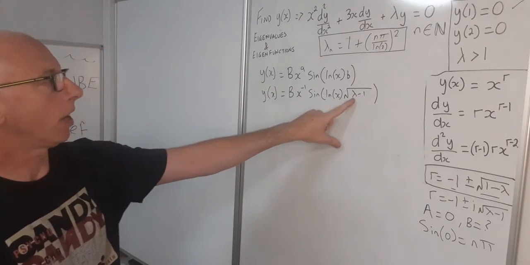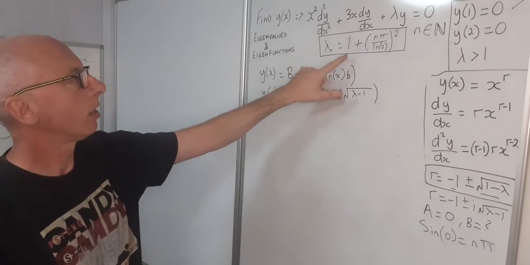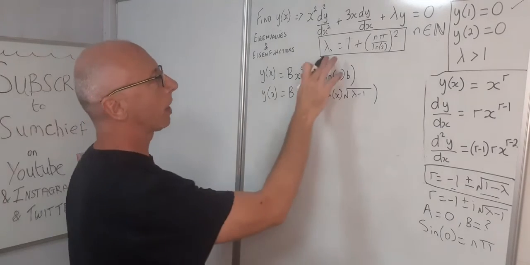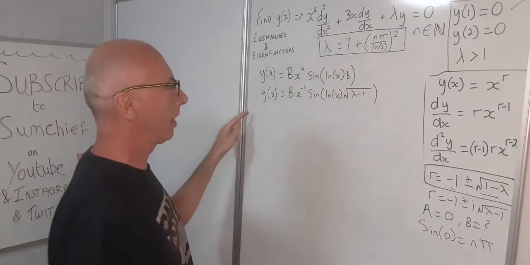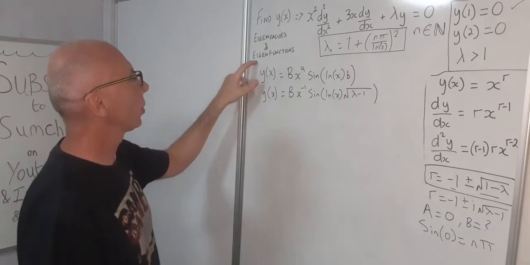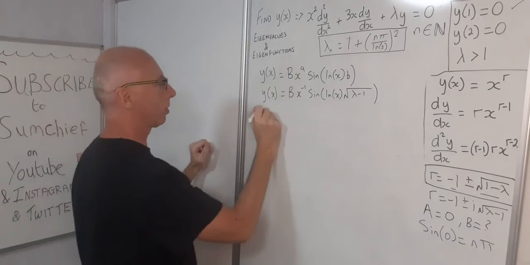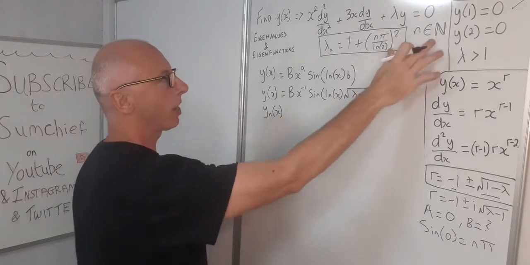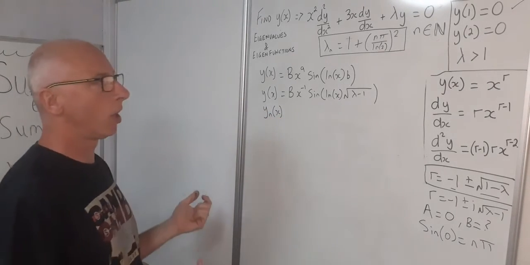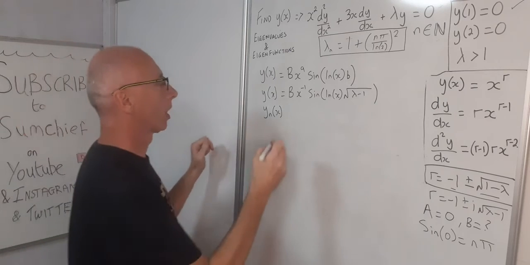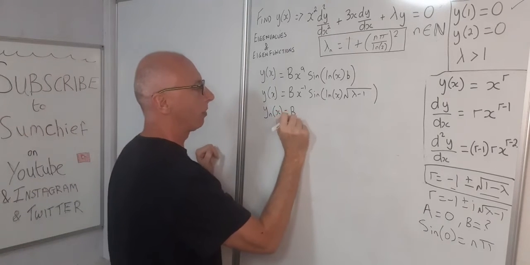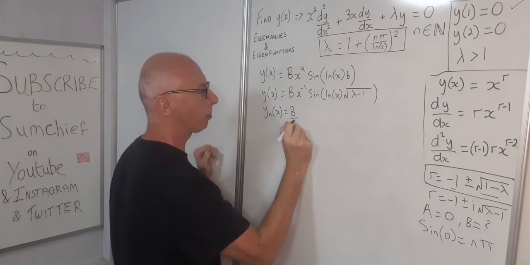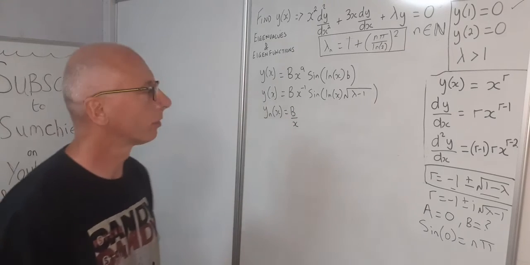Now our eigenvalues here, this was our solution. So I'm now going to introduce the subscript n in there, because now we're looking for our eigenfunctions. So our n, which is our natural numbers, goes from 1 and above. So our b, for our constant, we can keep that for now. X to the minus 1, so I'll just put that over x.